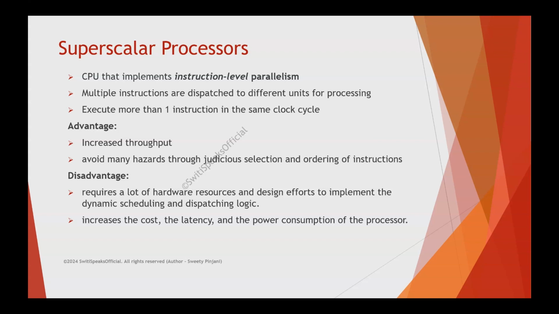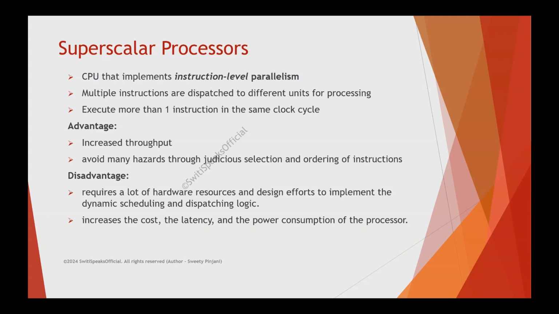Quick overview. What is a superscalar processor? It is a processor which implements instruction level parallelism. How does it do it? It has multiple processing units and dispatches different instructions to different processing units. For example, I'll have a separate execution unit for integer and for floating point. I'll put all integer instructions in the integer execution unit and floating point instructions in the floating point execution unit.